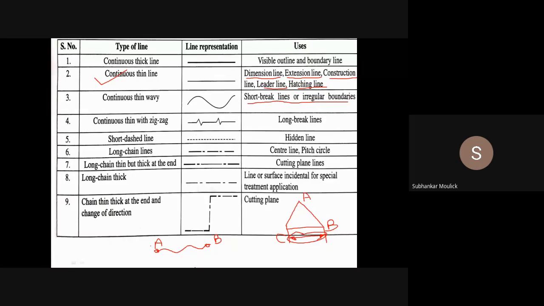Next is continuous thin line with zigzag, where we will use for long break line.